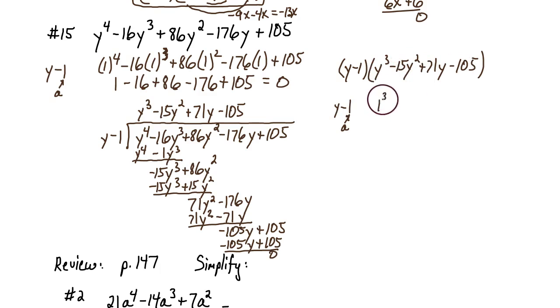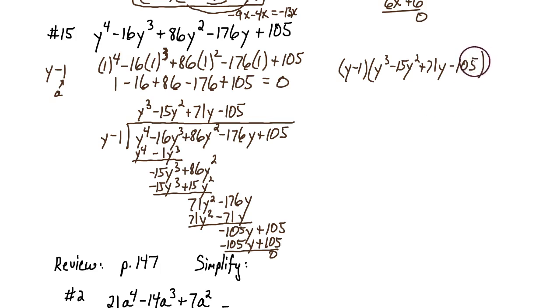We would have 1 cubed minus 15 times 1 squared plus 71 times 1 minus 105. Does this make 0? Let's take a calculator and find out. No, this turns out to be negative 48. Y minus 1 is not a factor again. Let's erase this and try another factor.